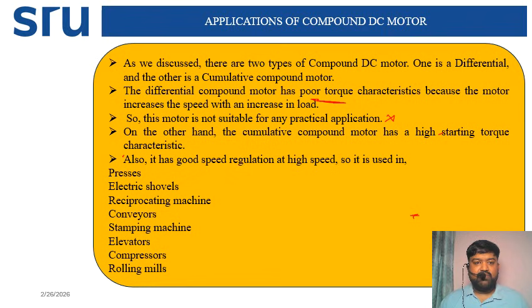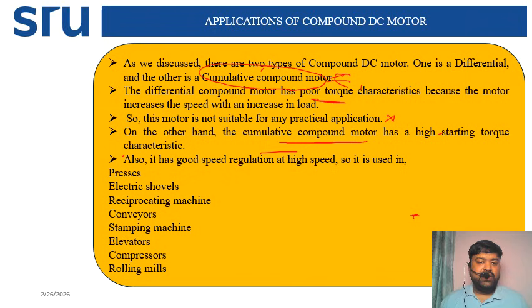But the cumulative compound motor has high starting torque characteristics, and it is used where high starting torque is required. It also has good speed regulation. So the cumulative compound motors are more widely applicable than the differential compound motors.